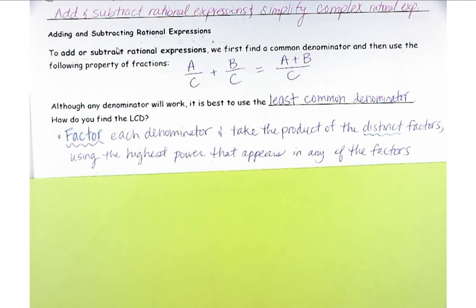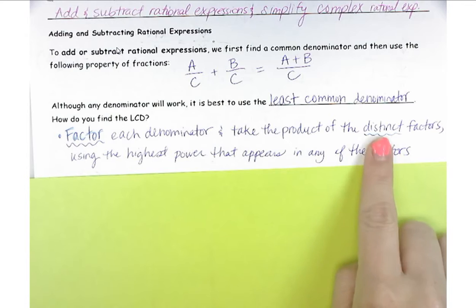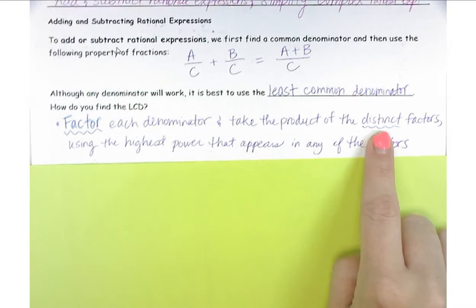Okay, so when they're talking about the highest power, if you have a factor that has any power, you have to use the highest one. Sometimes you might have x minus 2 squared. So then if you had 1 x minus 2, you would have to use the squared in there. You can see that I underlined distinct. Can you tell me what distinct means?